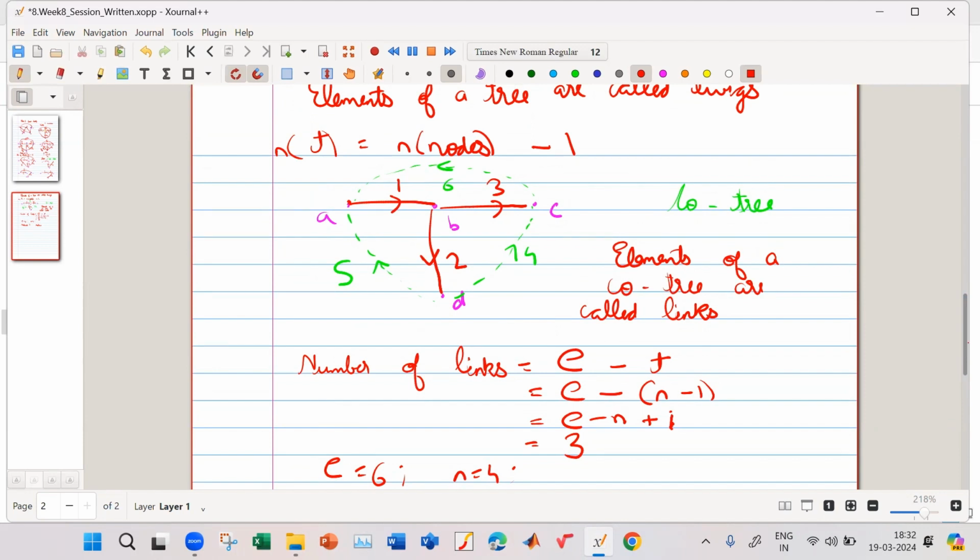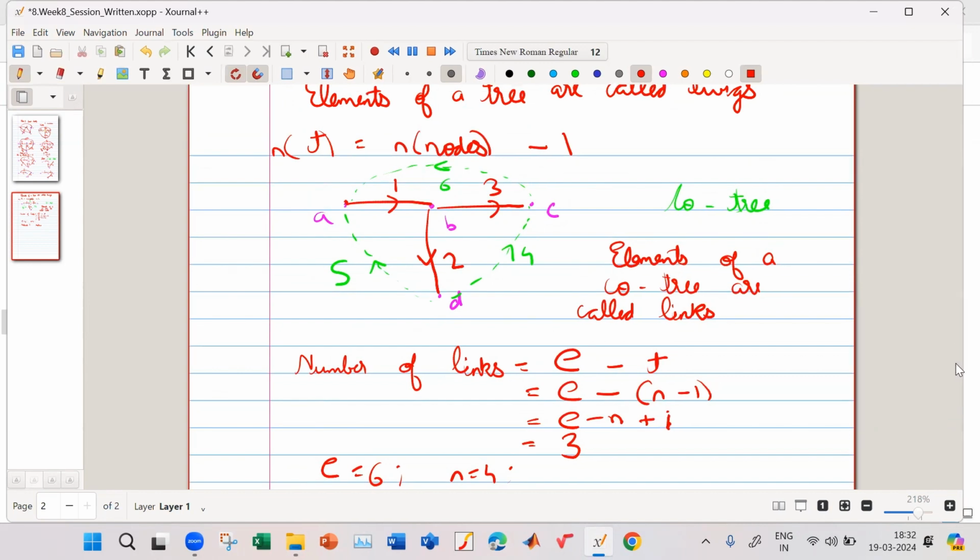In node A, I1 minus I5 minus I6 equal to 0.